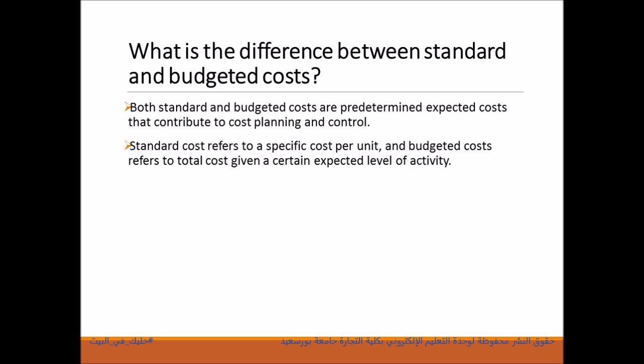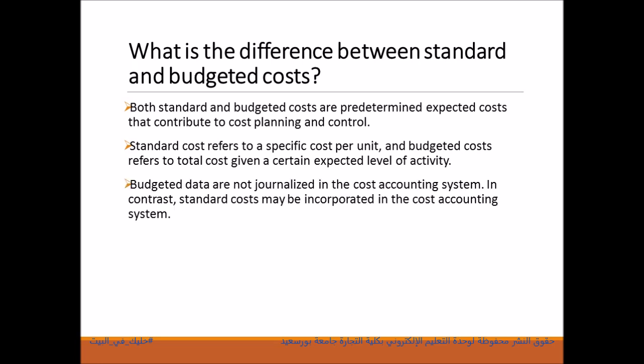However, there is a difference in the way the two terms are expressed. Standard cost refers to specific cost per product unit, and the budgeted cost refers to total cost given a certain level of activity or production volume. So the difference is clear right now. Standard cost is a cost per unit, however, budgeted cost is total cost.